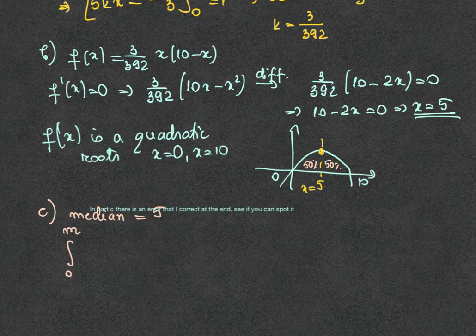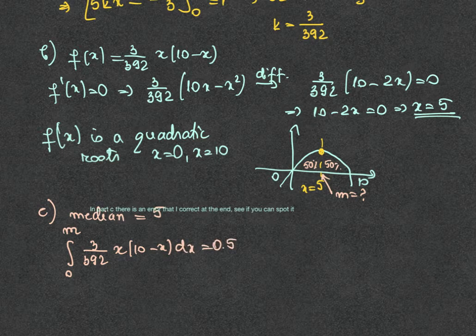I'm looking for this m, and assuming I don't know where it is, such that the integral from 0 to m of 3 over 392 x times 10 minus x dx needs to be 0.5. So I need 50% of the data from the first margin to m.